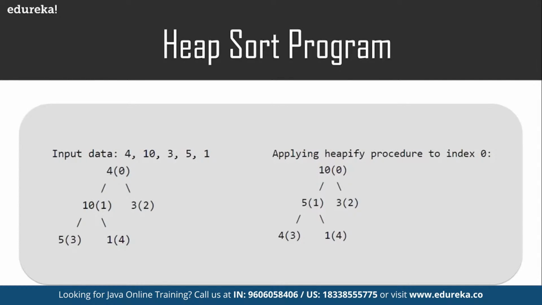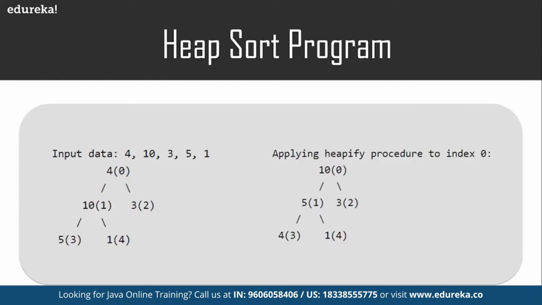Let's understand that now. In this, you can see I have an input data, that is 4, 10, 3, 5, 1. So 4 is at index 0, 10 is at index 1, 3 at index 2, 5 at index 3 and 1 at index 4. After applying the heapify procedure to index 0, the maximum element, that is the highest element, will be at index 0.